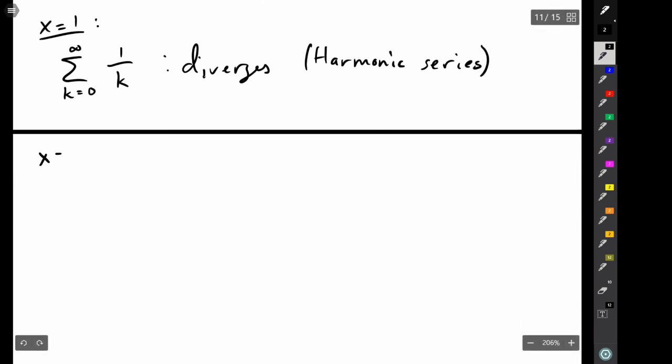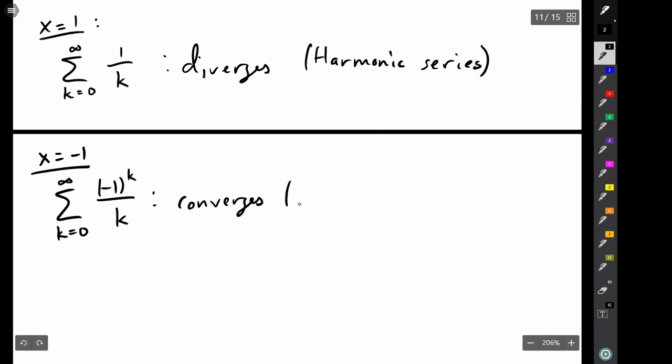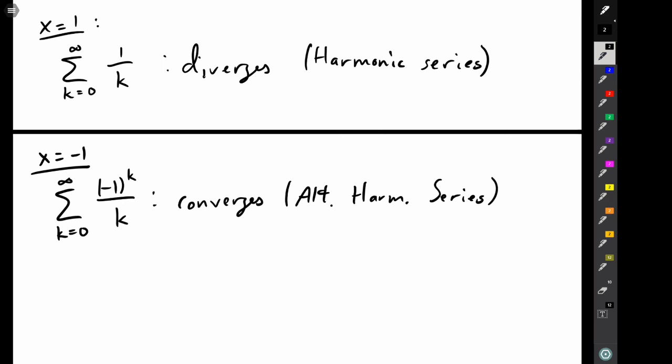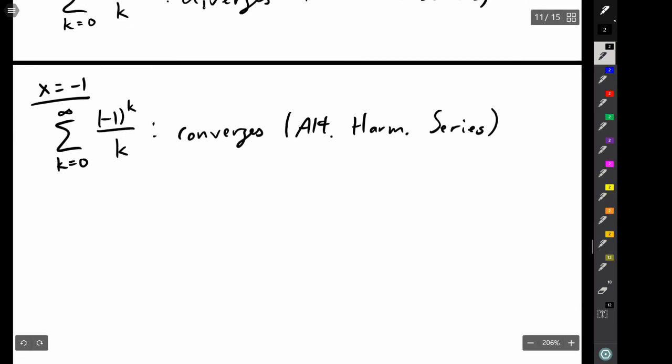On the other hand, if we plug in negative 1, we get this series. This converges. This is the alternating harmonic series, which we showed by the alternating series test actually does converge.